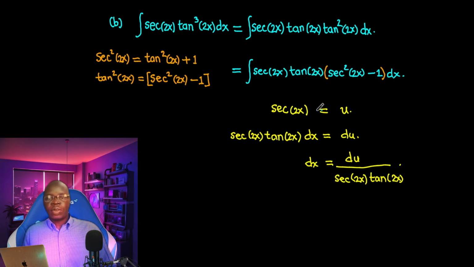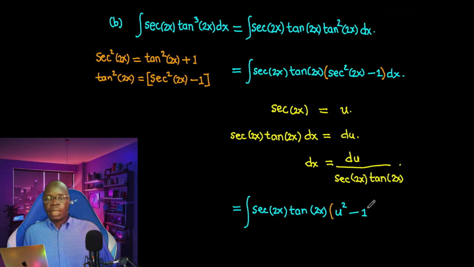So since we've already gotten what is to replace our dx and also u that is going to replace this, let's move on to the next step and we recopy our first term also. So we have here secant of 2x tangent of also 2x, and this time we can bring in the substitution of u, and u should be squared because secant was also squared minus 1.